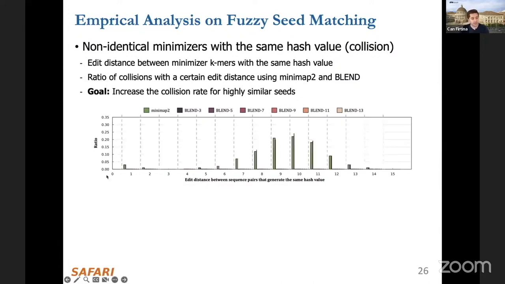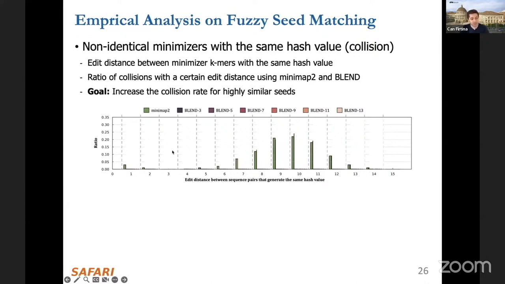This figure shows the collision ratios for Minimap2. Here we almost have a nice Gaussian distribution, where the largest ratio is around edit distance 10, meaning we have collisions between minimizers, and whenever there is a collision, those minimizers are not really similar to each other because their edit distance is particularly high.